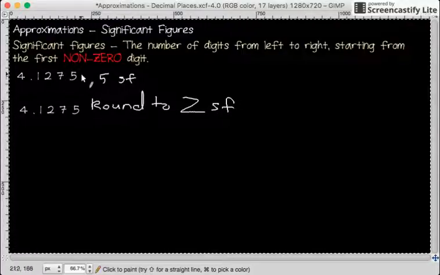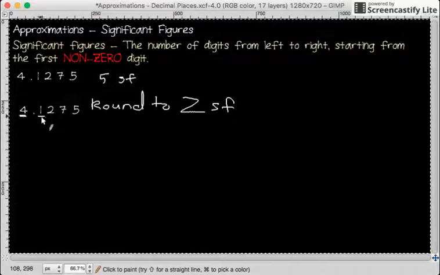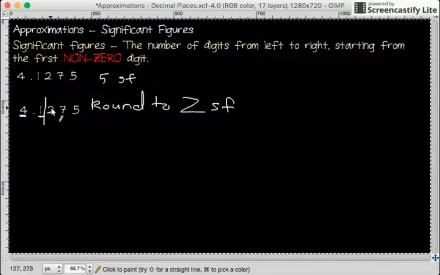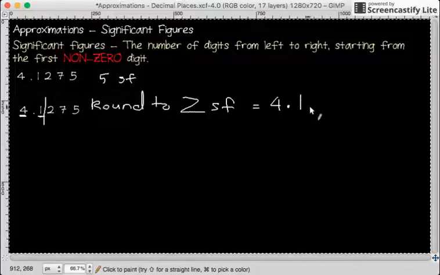So we're doing it exactly the same way as we did before. The only thing is we count now starting from the first non-zero digit. So this 4 is the first one, 1, 2. Then we put our cutoff point right there after the 1. And then we use the same rule again. Is it equal to 5 or greater than 5? Well, 2 is smaller than 5, so this is going to stay the same. So this just becomes 4.1.